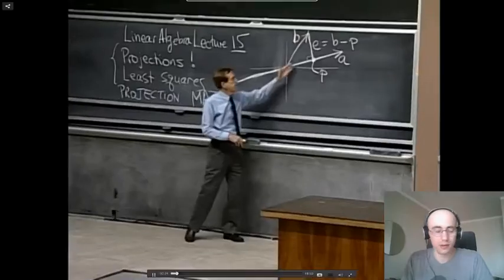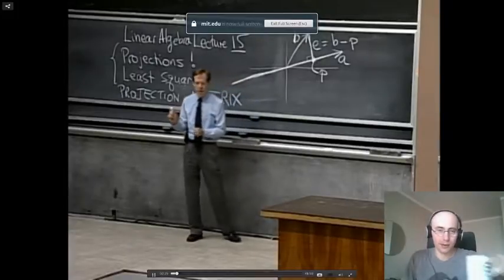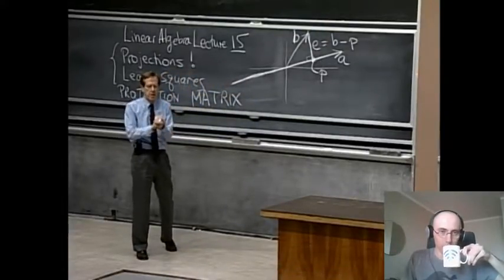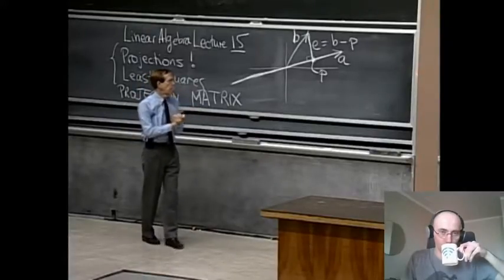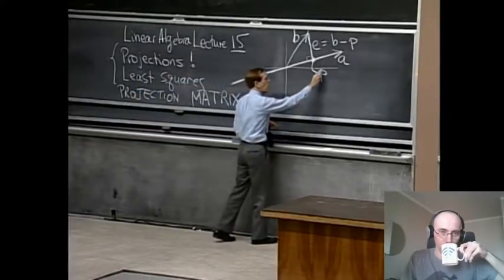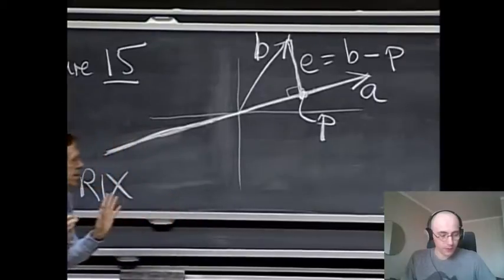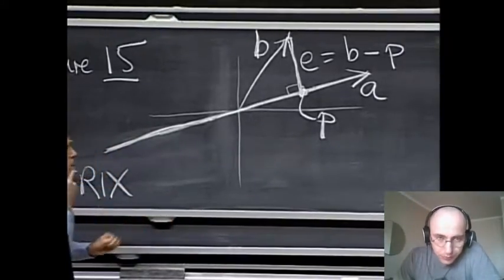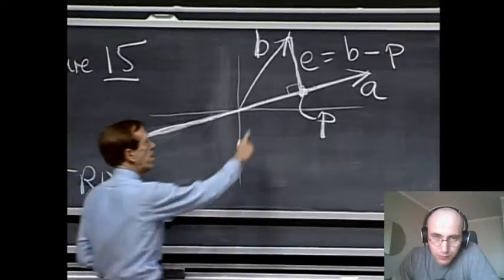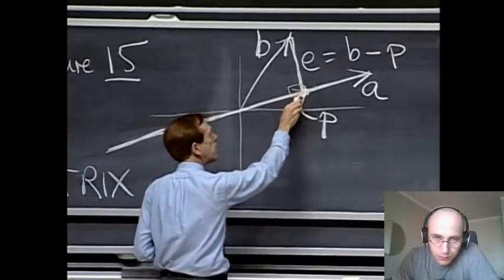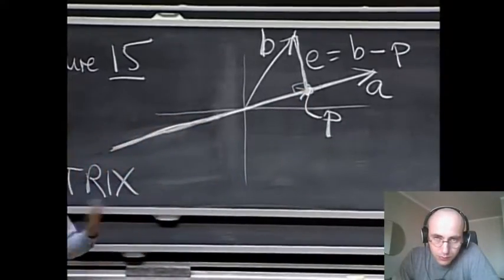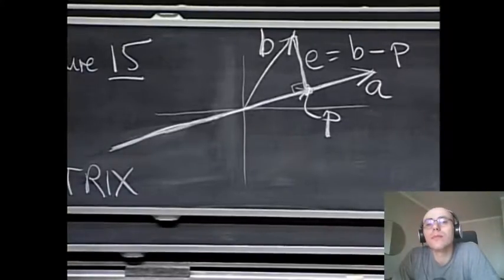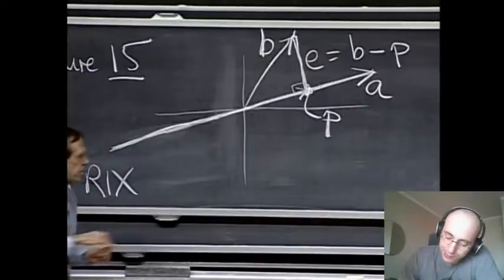And distances that would involve sine theta and cos theta lead to lousy formulas compared to linear algebra. The formula that we want comes out nicely. And what do we know? We know that P, this projection, is some multiple of A. It's on that line, so we know it's in that one-dimensional subspace.